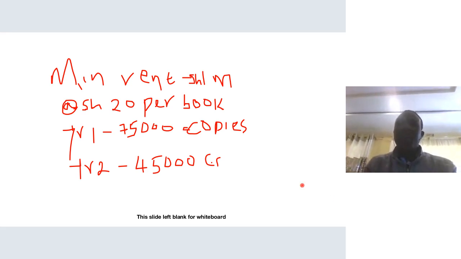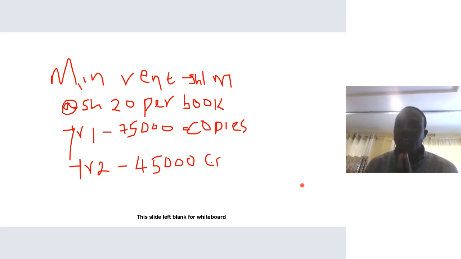Now remember that the amount of royalties that will be paid will depend on the number of copies of the books that would have been sold in a particular year. But also remember that that amount should not go below the minimum rent, which in our example is 1 million shillings.